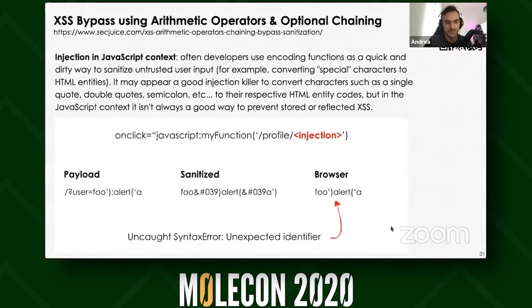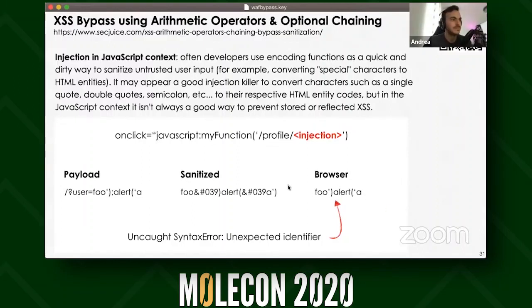As you can see here, I try to inject a payload using semicolon, but the web application removes it. In the example here, you can see that the web application removed the semicolon from my payload, leading to a syntax error.